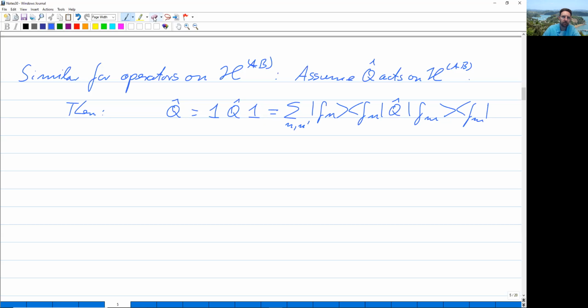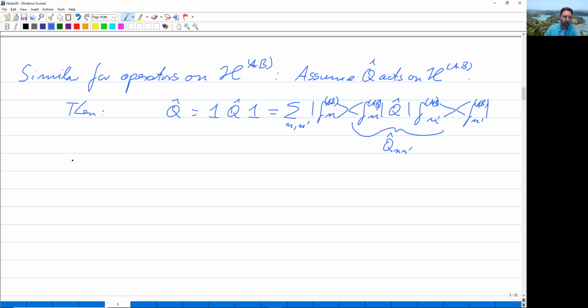So n and n prime, and all of these are AB, to indicate that these are eigenvectors of an observable which lives in the big Hilbert space. So then these we would call, as usual, the matrix elements of our operator Q hat in the Fn basis, and there we go to indices as is usual for operators.